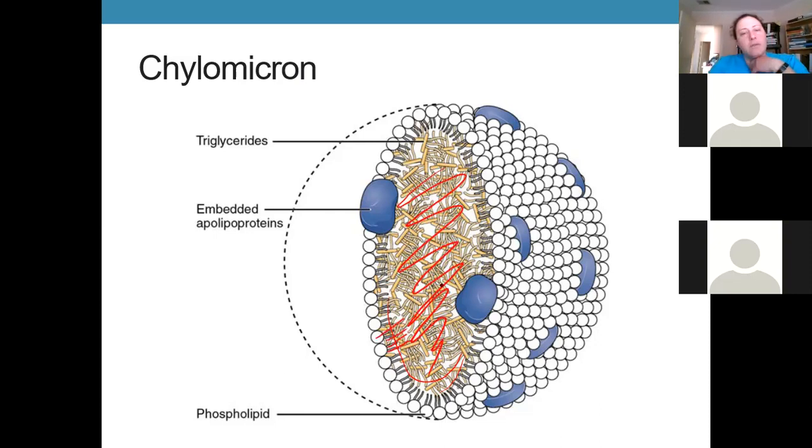And if you had some fat-soluble vitamins in your meal, A, D, K, or E, those would be in there too. And then these are the lipoproteins. They hang out with the phospholipids on the outside because that identifies the chylomicron to the body.